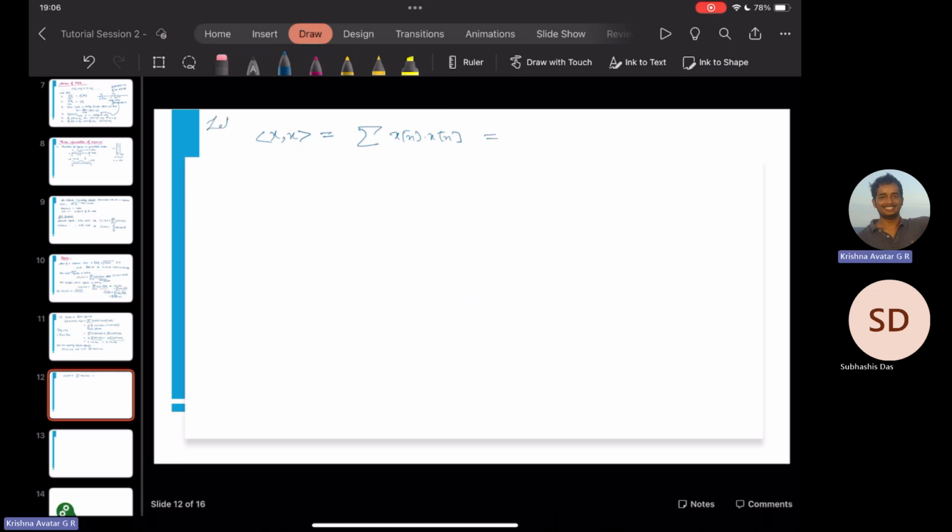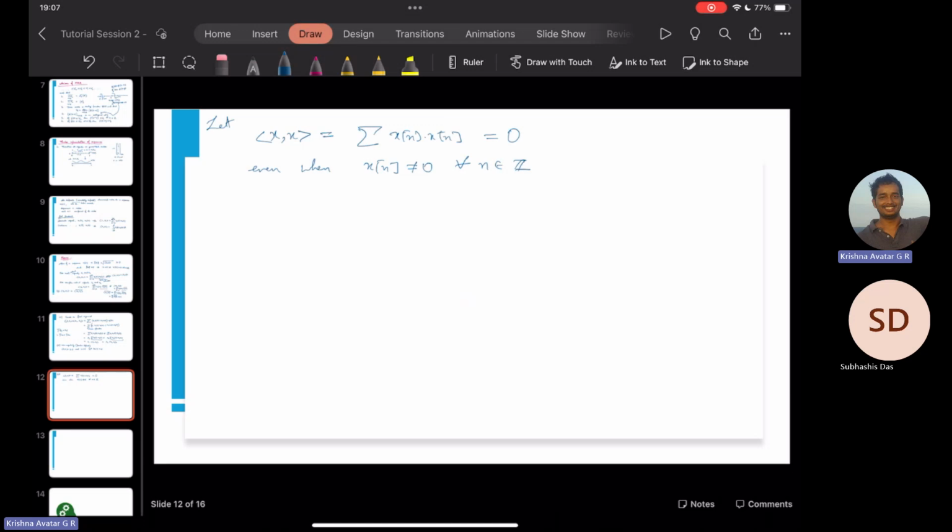So let x comma x be equal to this one, and let this be equal to 0, even when x[n] is not equal to 0 for all n an element of Z. So it means only for certain x it can be 0, but in general it's not 0 for all the cases.